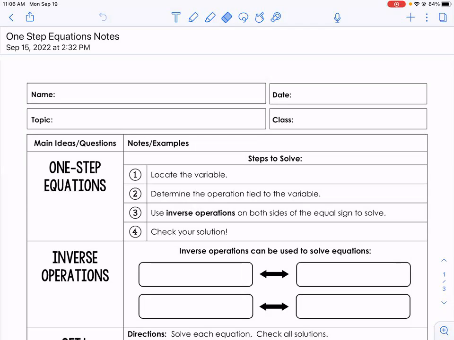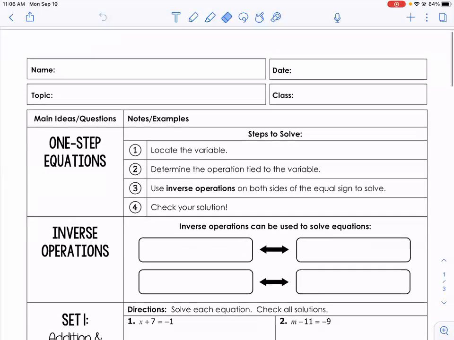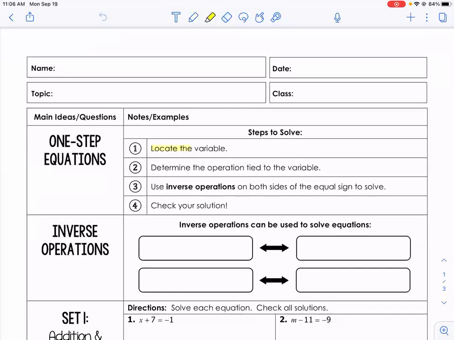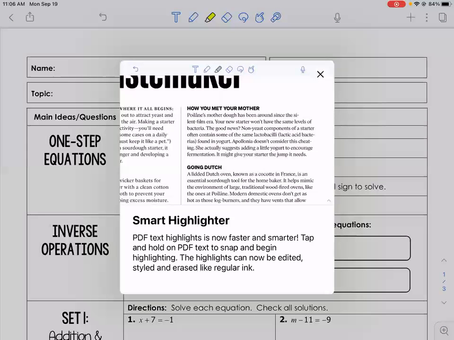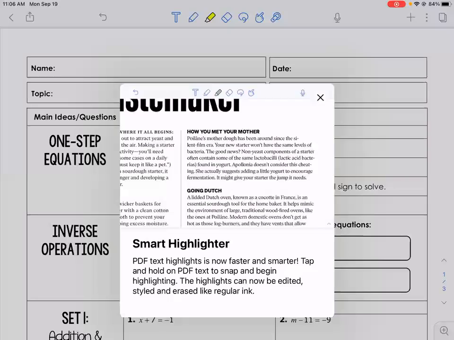Now, when we have an equation, our job is to solve for our missing variables. So it could be X, it could be M, it could be Q. It's some letter, okay? So what you need to do is locate where the variable is. That is what you are solving for.